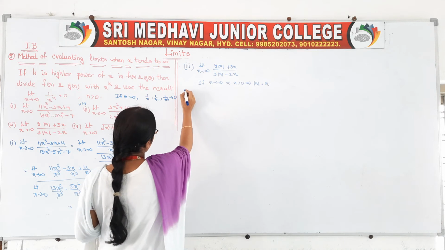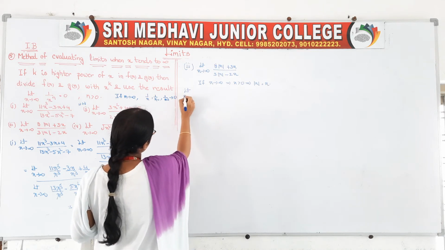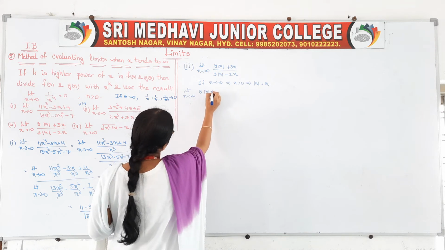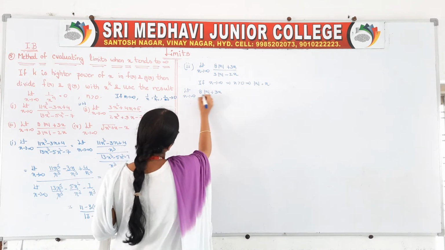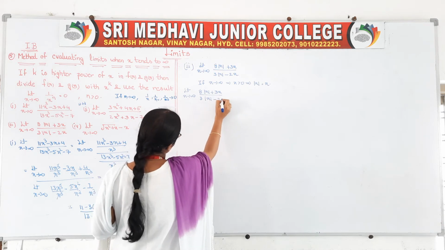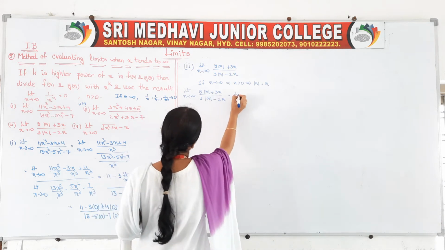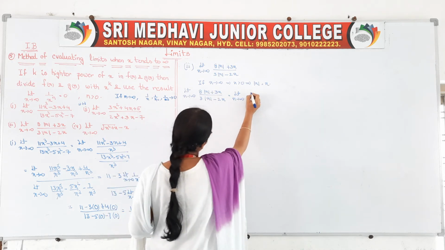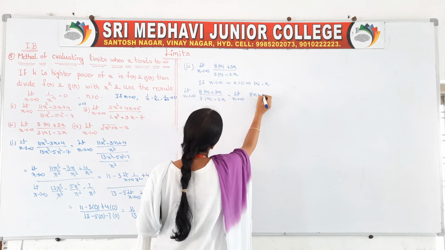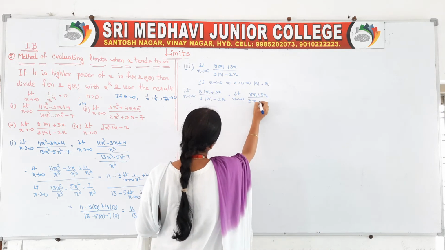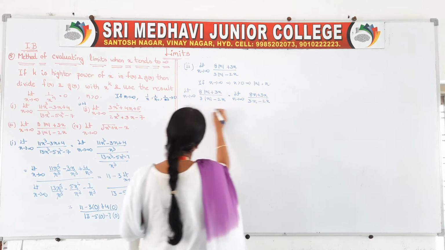So therefore now you take your question, limit x tends to infinity 8 mod x plus 3x by 3 mod x minus 2x is equal to limit x tends to infinity 8x plus 3x by 3x minus 2x.